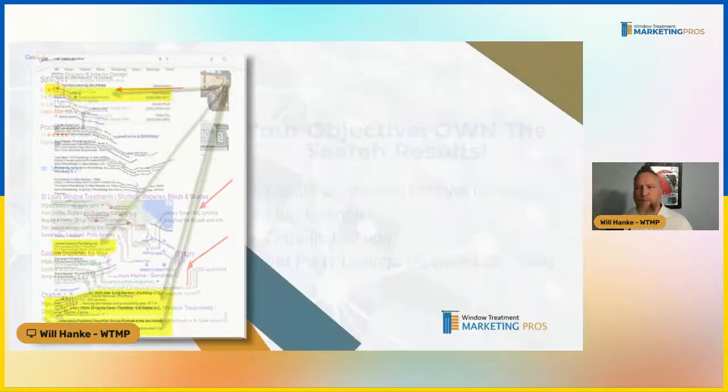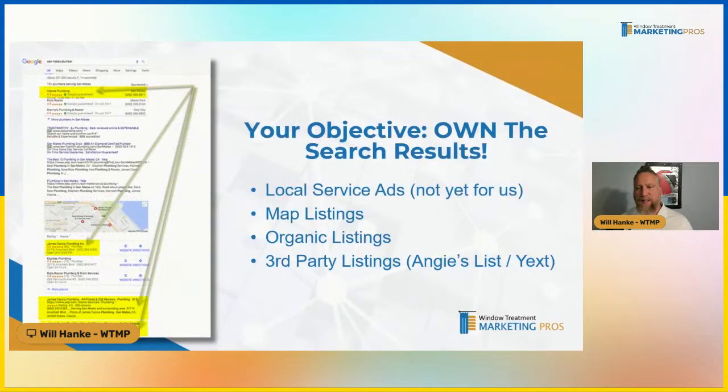So definitely worth paying attention to and understanding that, and then having it in multiple places. You can own the search results. Local service ads, not for us yet. So they have started releasing local service ads, which is something we've never had in this industry before. They're starting to release that for us, which is going to be a game changer.